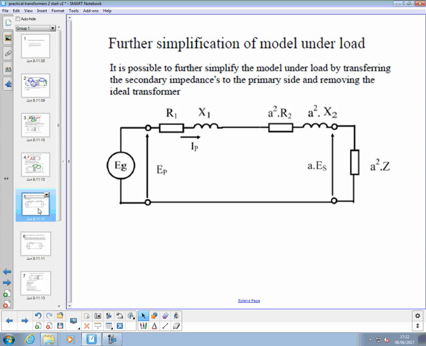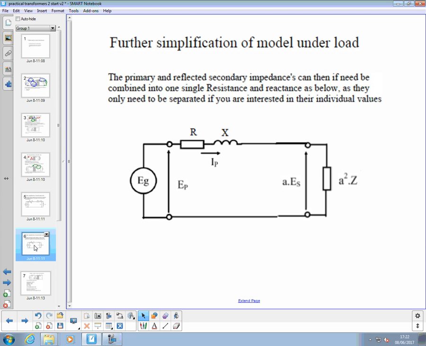Everybody happy with that? Okay. So we've got an even simpler model now by transferring impedances.